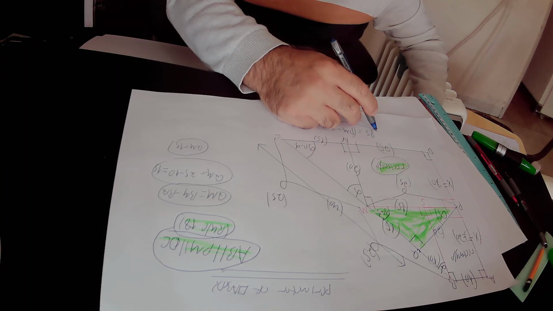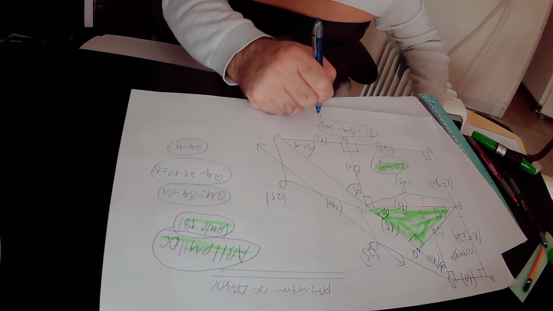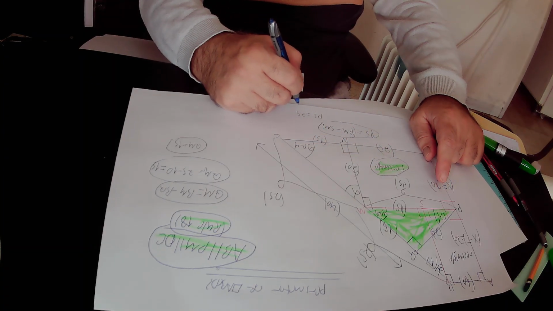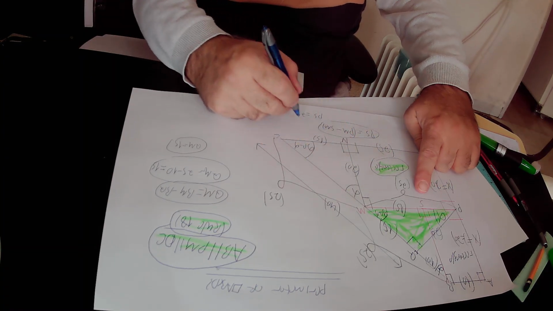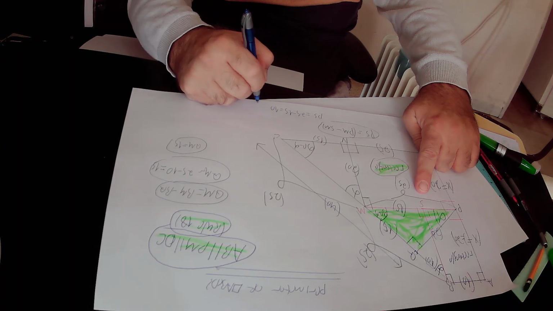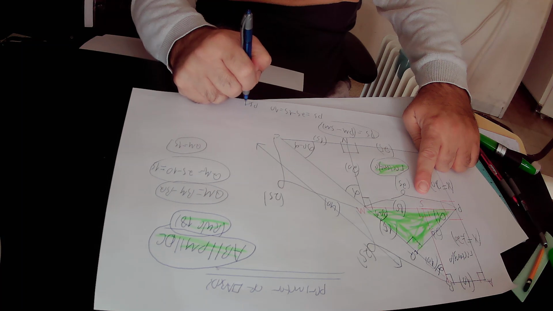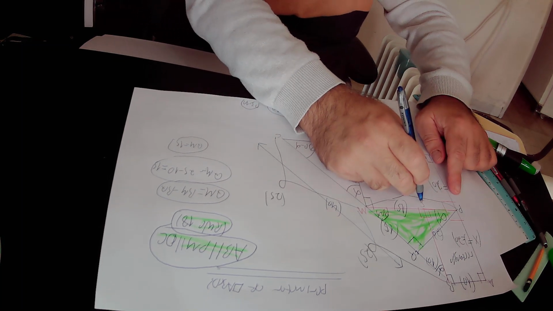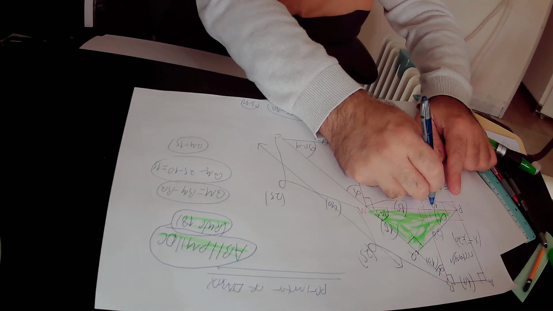So PS in total is equal to PM, that is 25, minus SM, that is 15. So in total PS equals 25 minus 15, that is 10. PS equals 10 units in its length. This is the missing side PS.